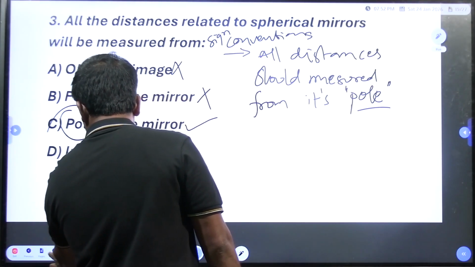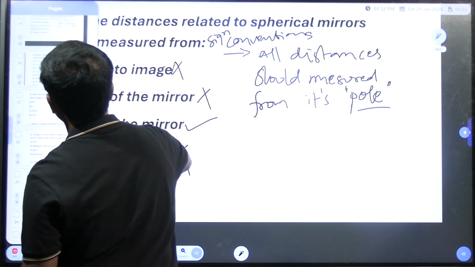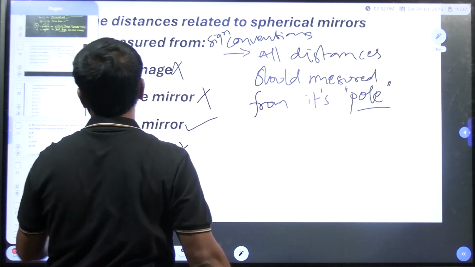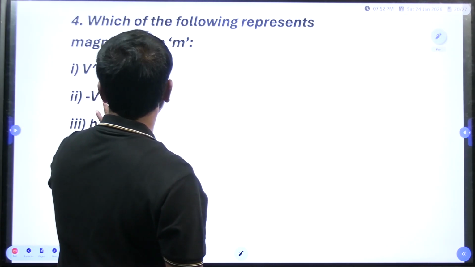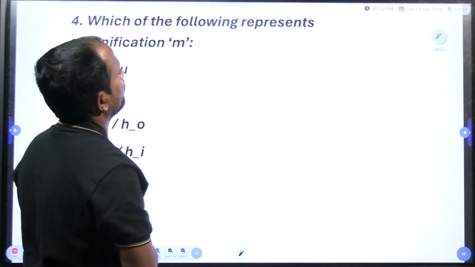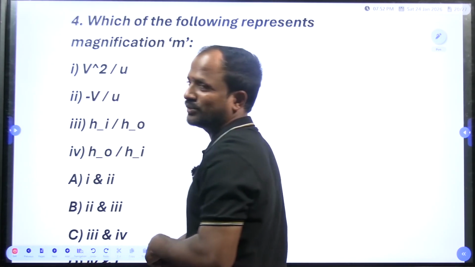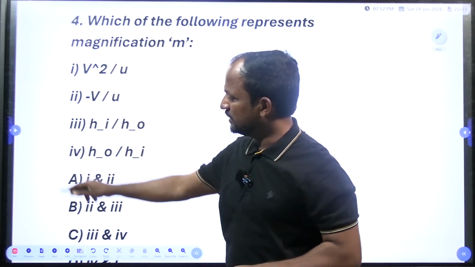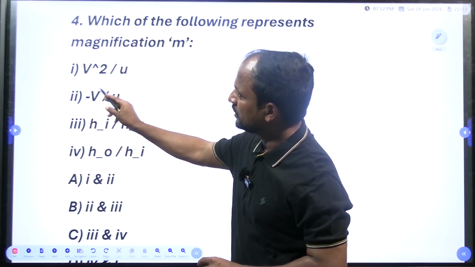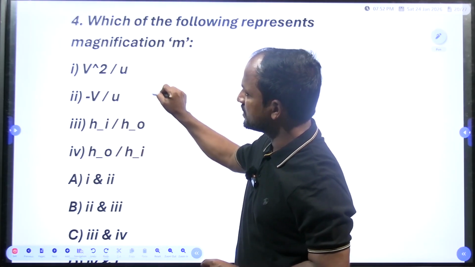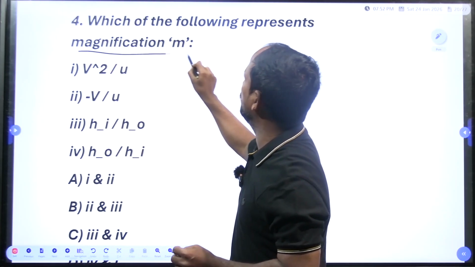Next question, if you will observe. See here, which of the following represents magnification m? Okay na? In these four options, option Roman number 1, 2, 3, 4, which one represents the magnification m value?